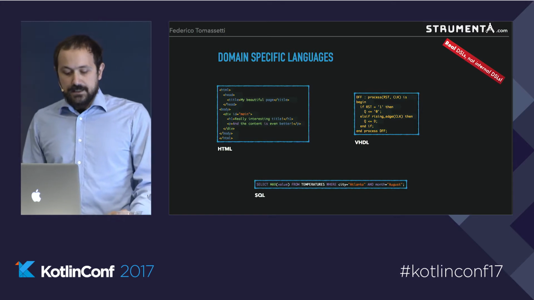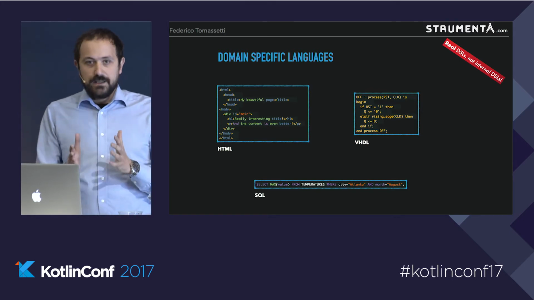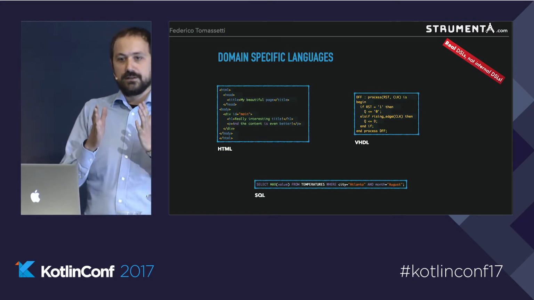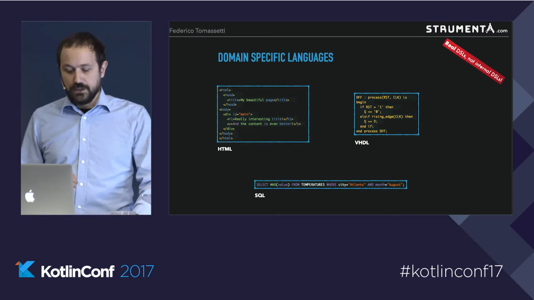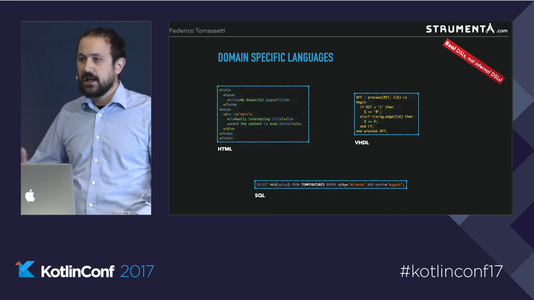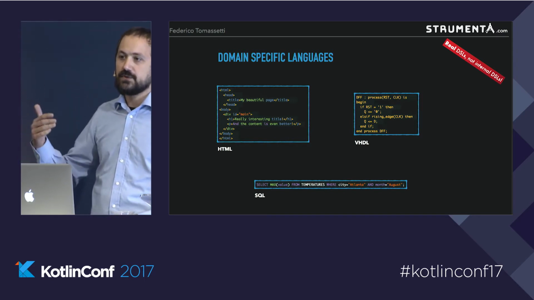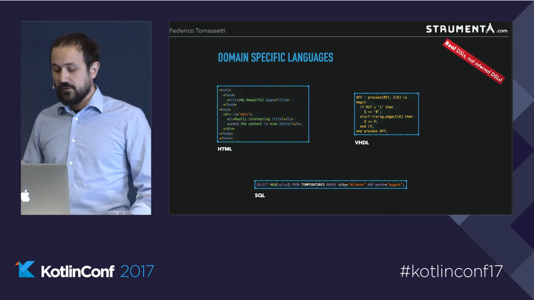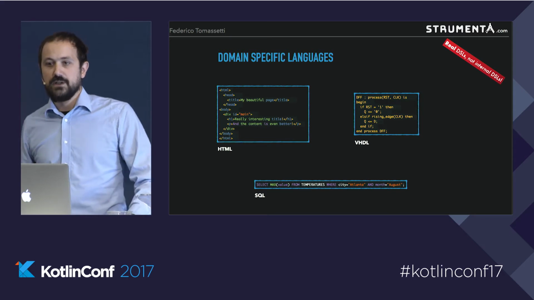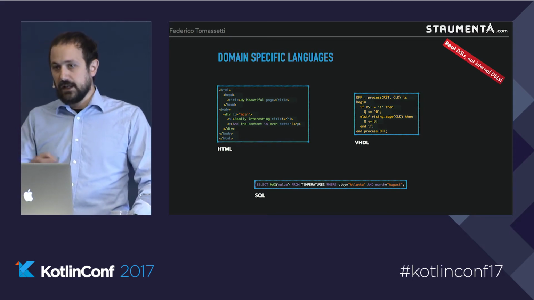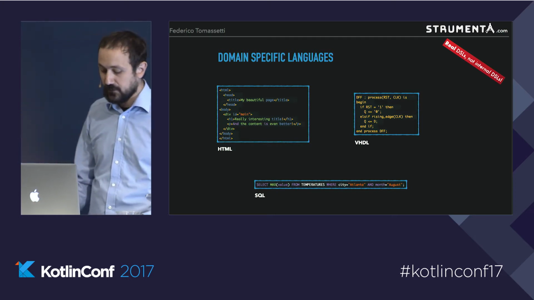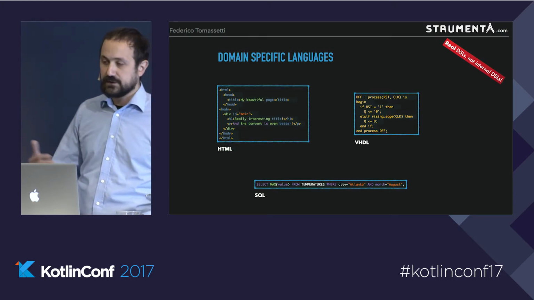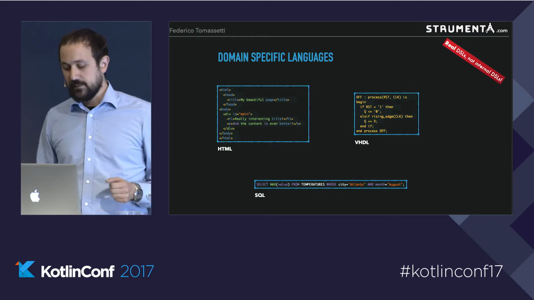Instead, external DSLs are proper languages that are built to support a limited set of tasks. For example, we are all familiar with languages like HTML, that is a language that I can use to describe a document, or VHDL, that is a language that I can use to describe a circuit, and the compiler will generate the physical layout of the circuit for me, or SQL, that I can use to describe queries on a database.